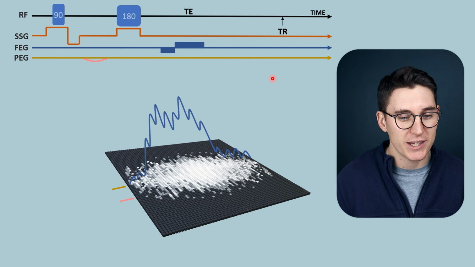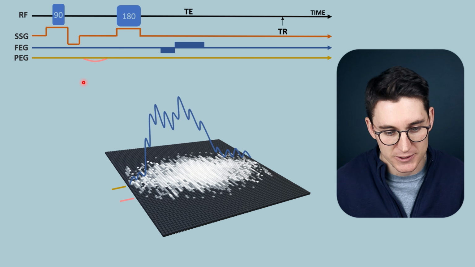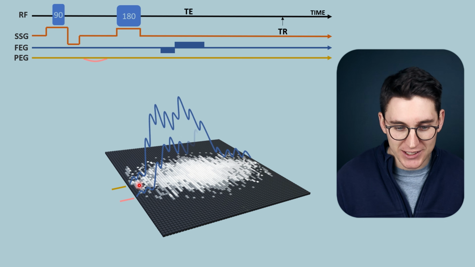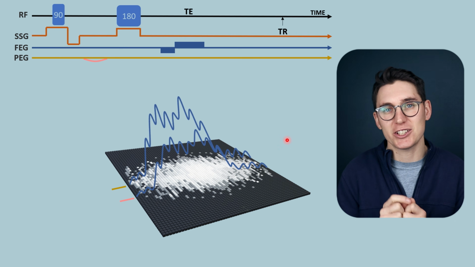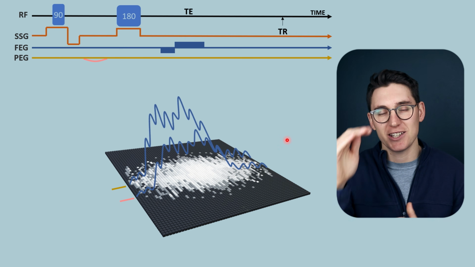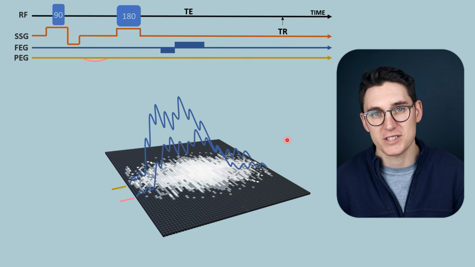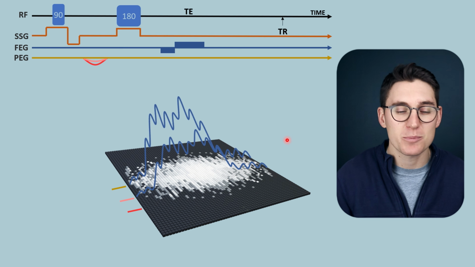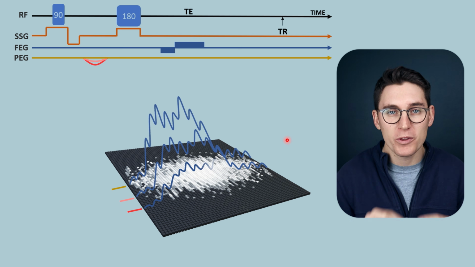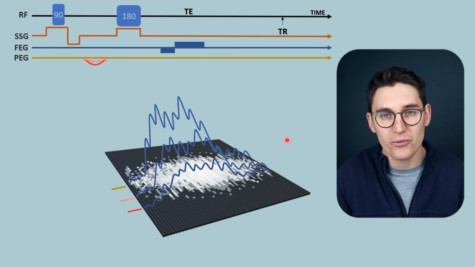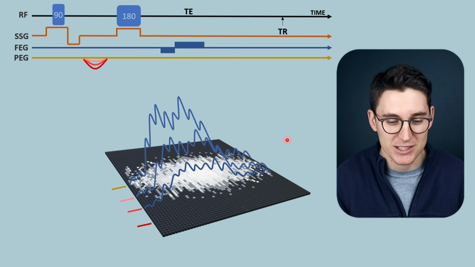We then repeat it with a different phase encoding gradient. The signal that we are generating now will be slightly less than that initial signal because we've got dephasing in the y-axis direction, and any dephasing will cause some form of signal loss. We repeat this process over and over again with stronger and stronger phase encoding steps along the y-axis direction.